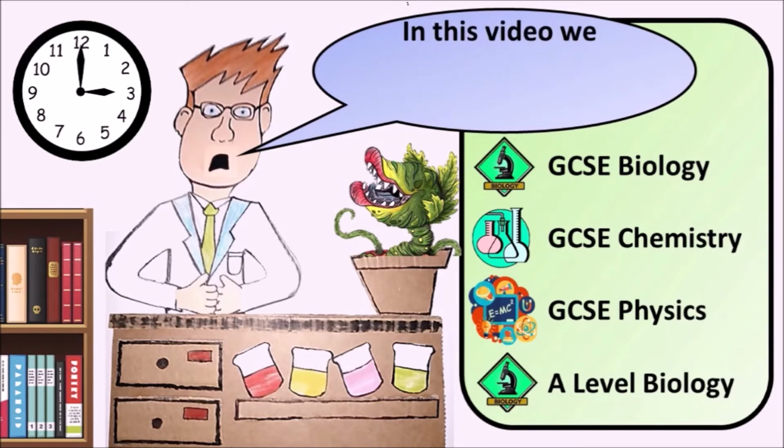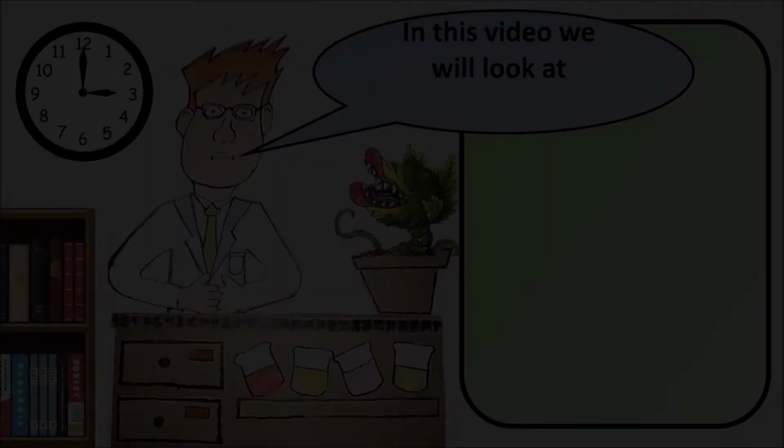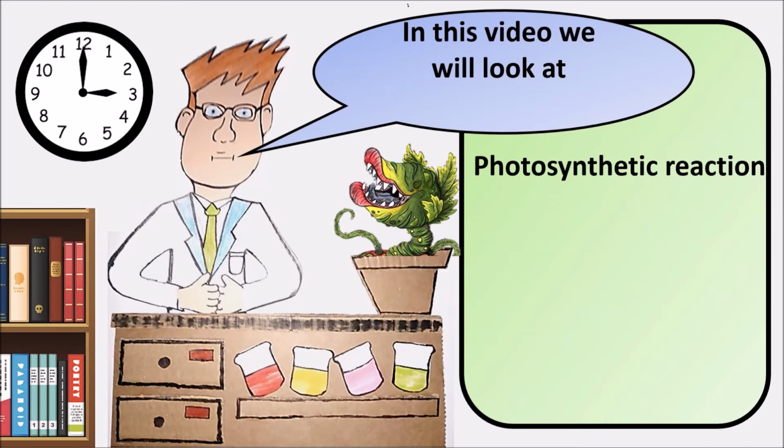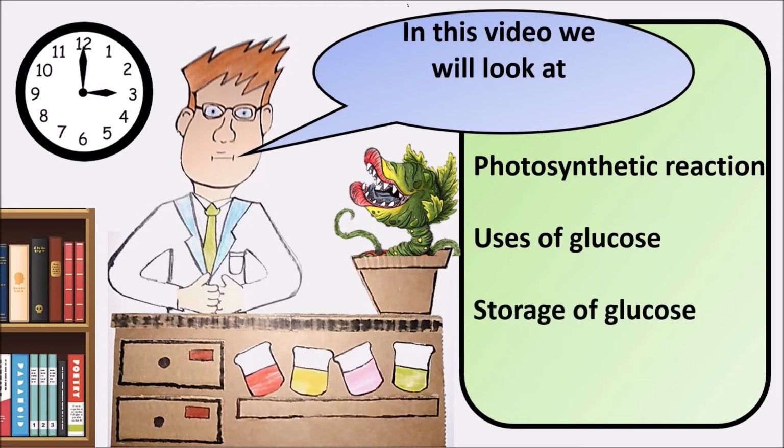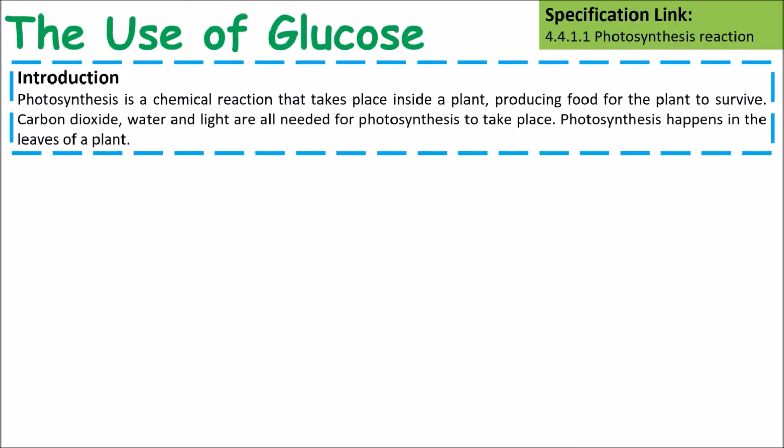In this video we will look at the photosynthetic reaction, the use of glucose and the storage of glucose. So, if you recall, photosynthesis is the process where the plant is producing glucose and oxygen from carbon dioxide and water.